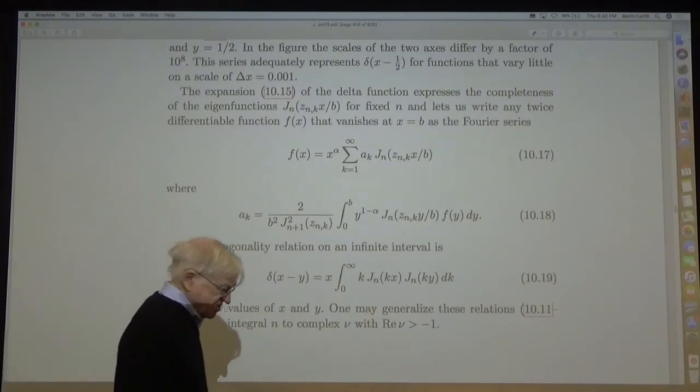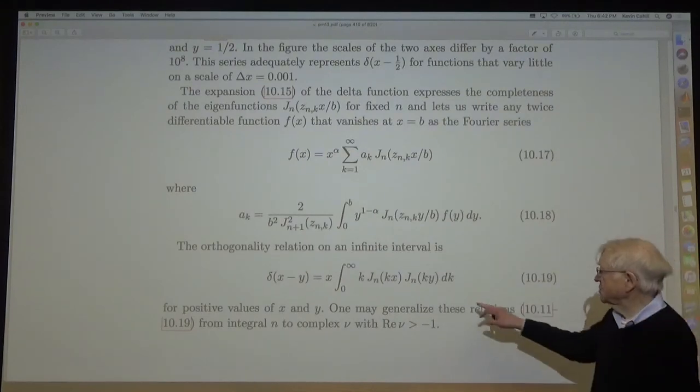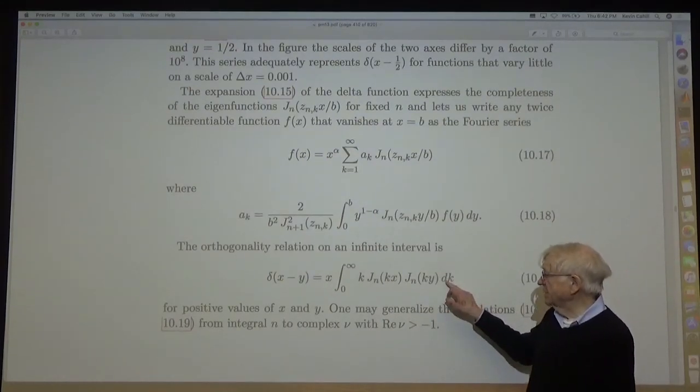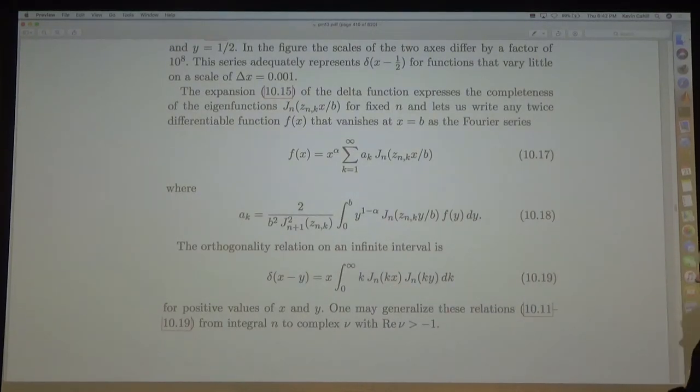So you can also consider Bessel functions, of course, on an infinite interval. And if you do that, you get a different orthogonality relation. The orthogonality relation on an infinite interval is that you have to integrate over the eigenvalues in this way. Previously we were representing a delta function as a sum of products of Bessel functions, one product for each eigenvalue.